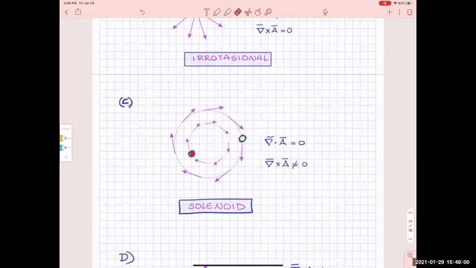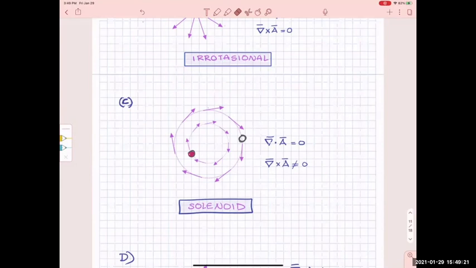So this is still a solenoid. However, it's rotational, all right? It's a rotational solenoid, which means that your divergence is zero. However, the curl is not zero, which makes it rotational.